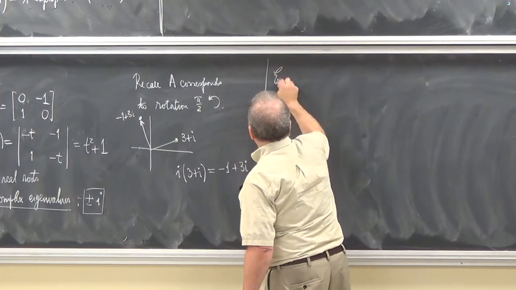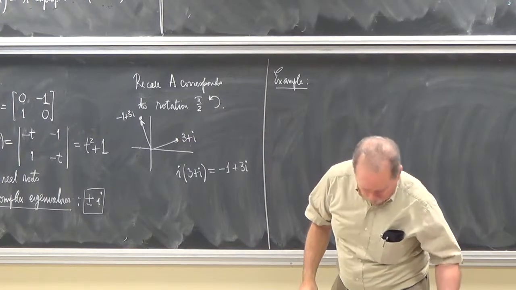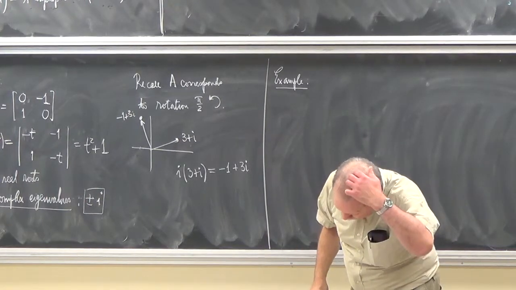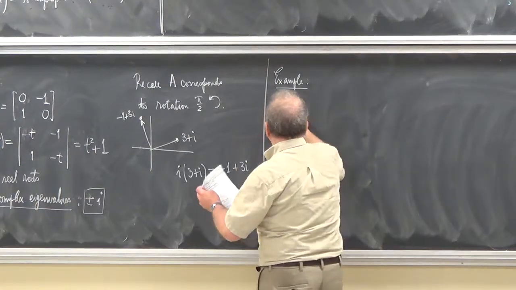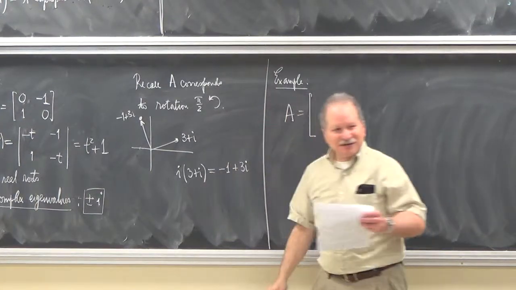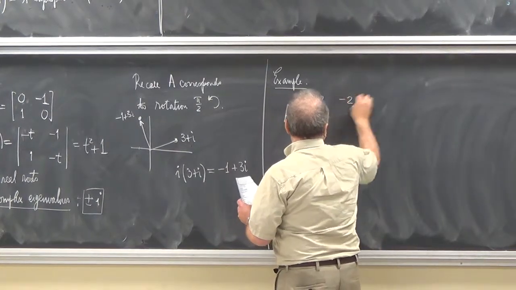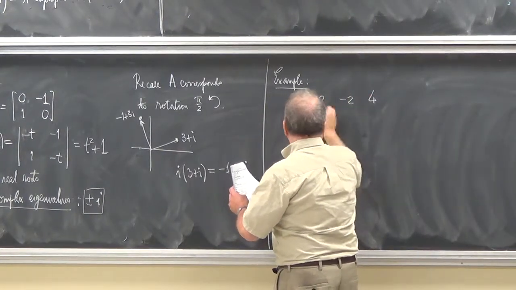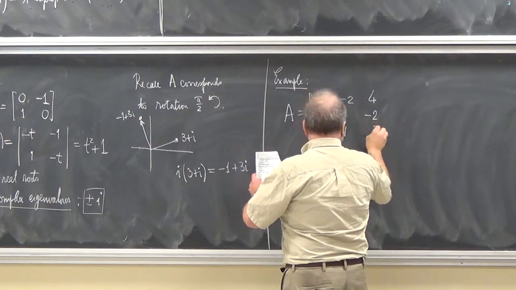Okay, so let's try to do a 3x3 example before the weekend. Here we go. On your mark, get set. You guys are going to start computing. The matrix is -2, -2, 4; 0, 2, -2; -2, -1, 3.